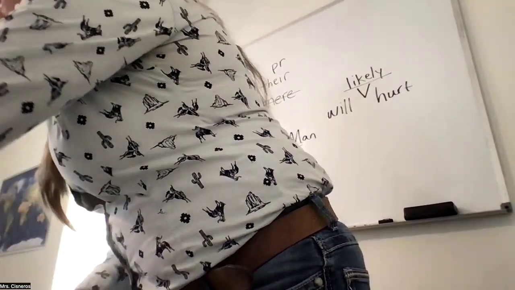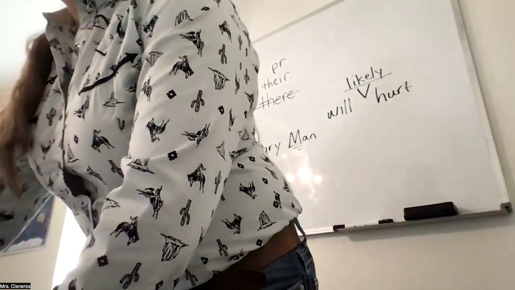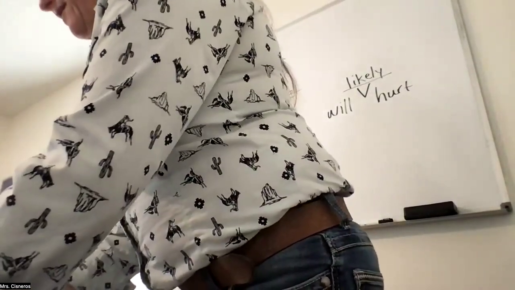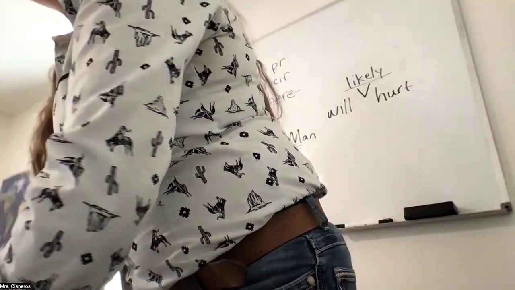And then your other papers for the bald man and the fly go in your finished binder. Whatever binder you have for your finished stuff, you can put away the bald man and the fly. This all goes in your other binder.